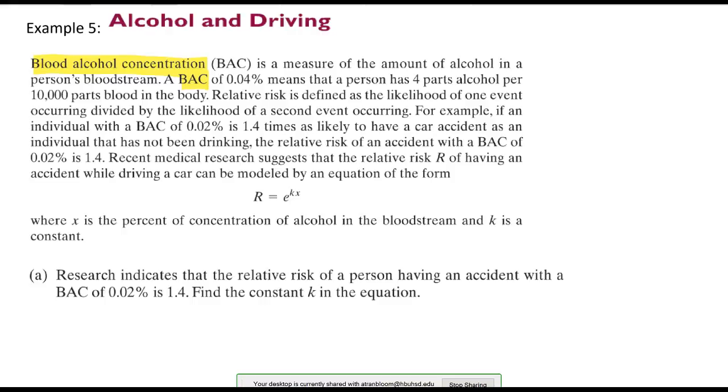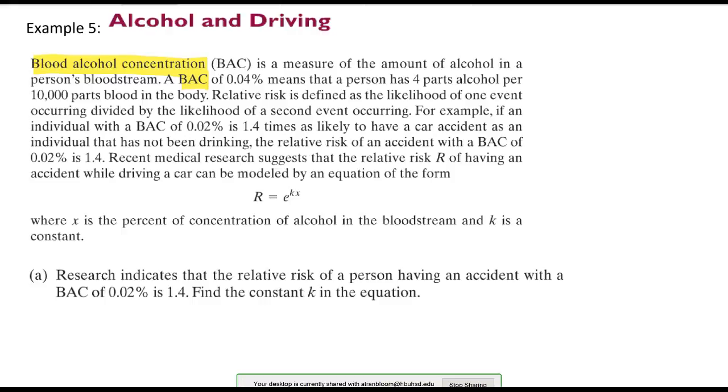For example, if an individual with a BAC of 0.02% is 1.4 times as likely to have a car accident as an individual that has not been drinking, the relative risk of an accident with a BAC of 0.02 is 1.4.